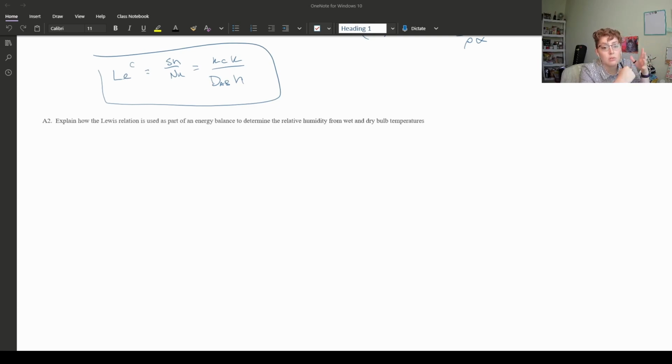That's taken from the temperature, so that will give you a lower temperature reading, and the dry thermometer will give you the actual ambient temperature of the environment, and you can use that comparison to determine your relative humidity.